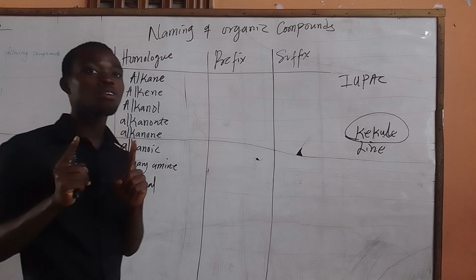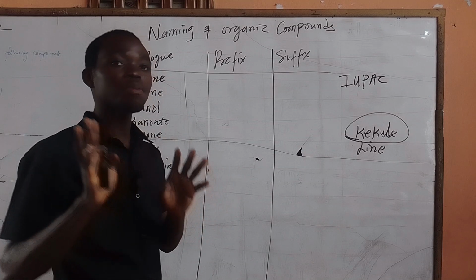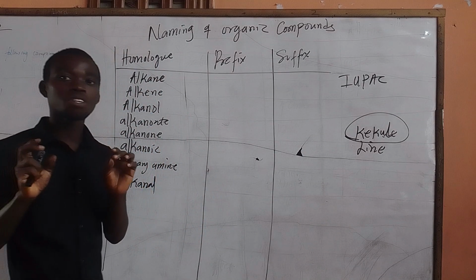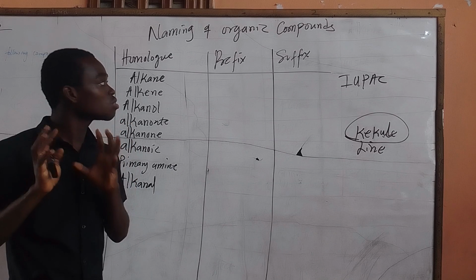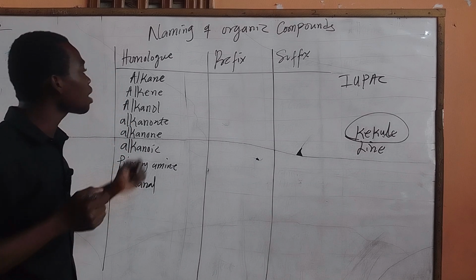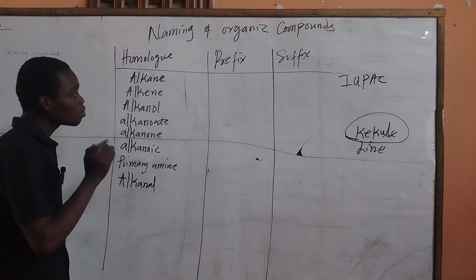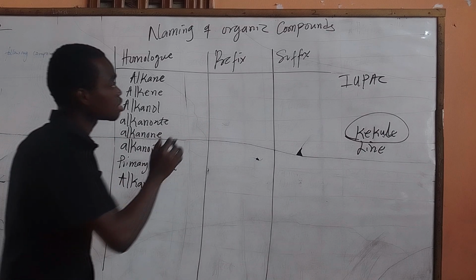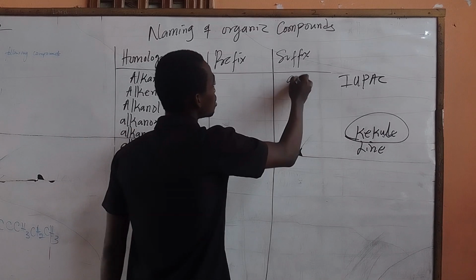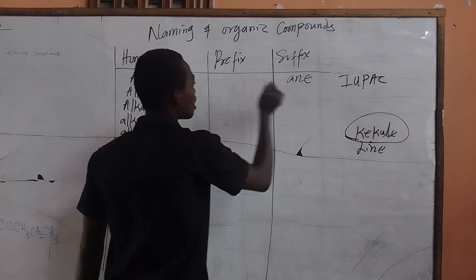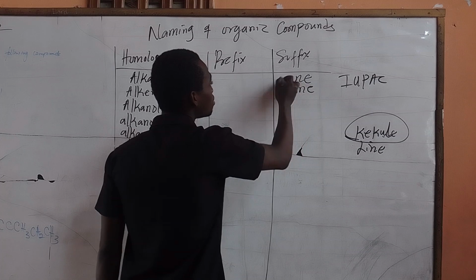Now, before naming compounds, let's talk about the prefix and the suffix of the homologous series. Now, alkane and alkyne don't have any prefix. They just have the suffix. For alkene, we have ene.